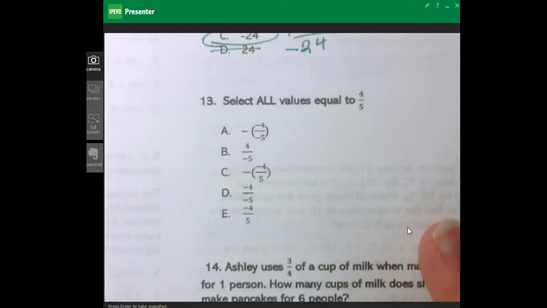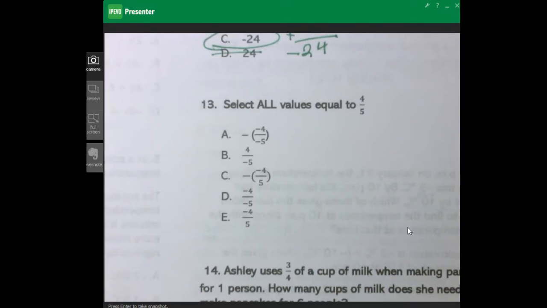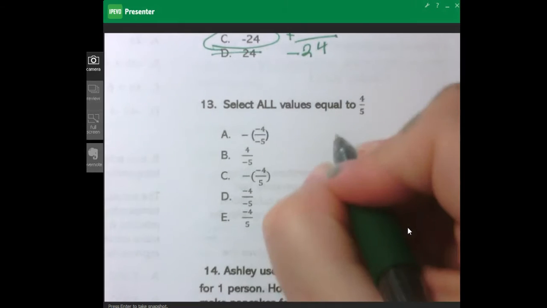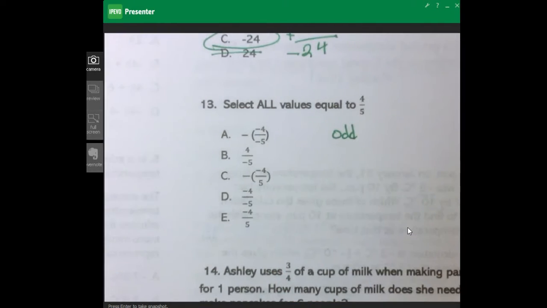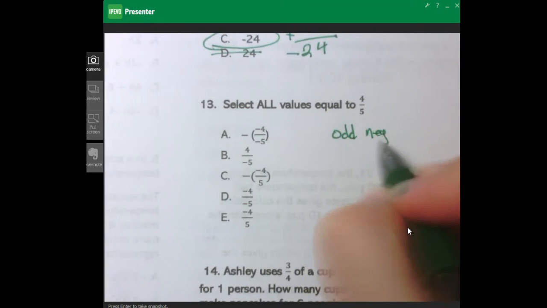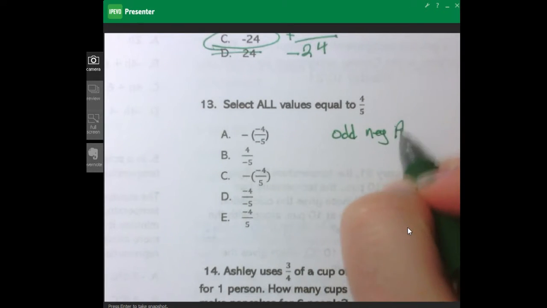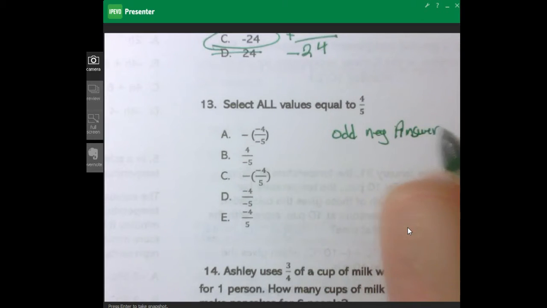Number 13, select all values equal to 4/5. This is where we have to remember what we know about negatives and how many negatives give us a positive answer. So I know that if I have an odd amount of negatives, the answer is negative.